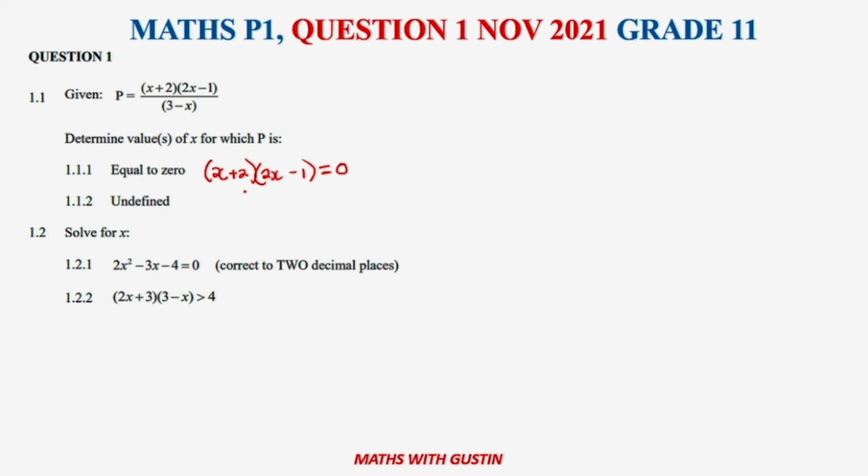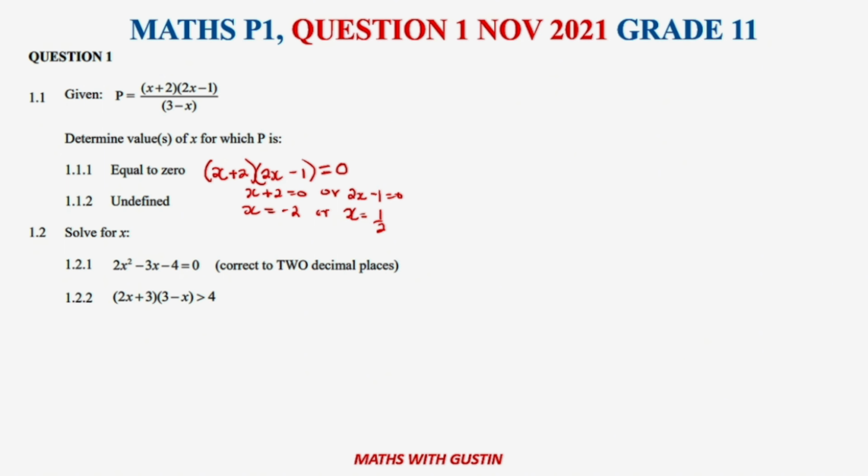Therefore you need to solve for x. You're going to have x plus 2 is equal to 0, or 2x minus 1 is equal to 0. Therefore x is equal to minus 2, or x is equal to 1 over 2. Those will be the values at which p will be equal to 0.